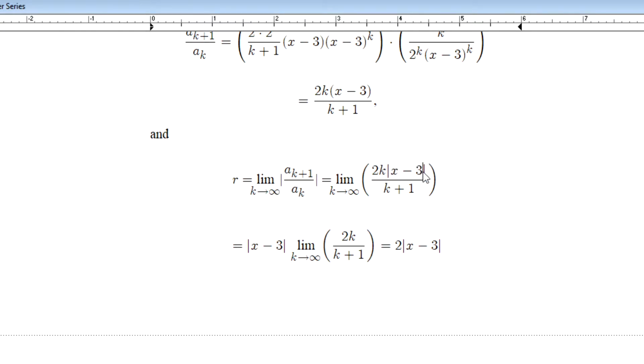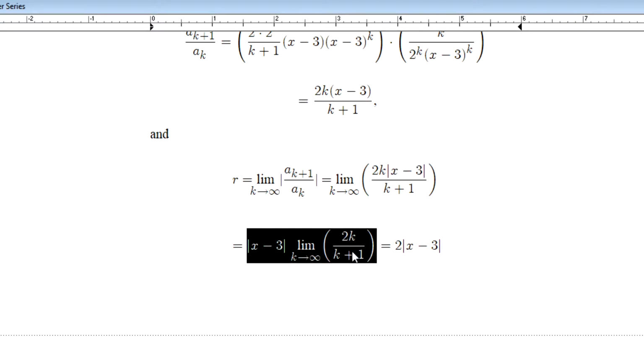If we think for a moment about that quantity given by the absolute value of x minus 3, when we consider the limit as k heads to infinity, this is just a limit in terms of k. The absolute value of x minus 3 is a constant in terms of k, and it can be brought out in front as a constant multiple, where now we just become interested in the limit as k heads to infinity for 2 times k over k plus 1.